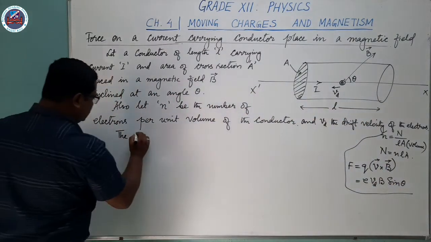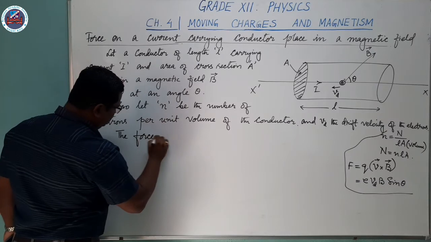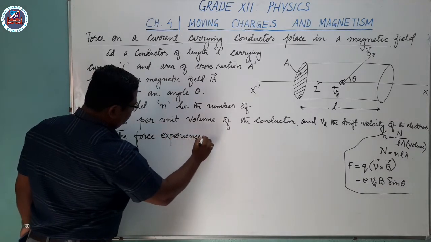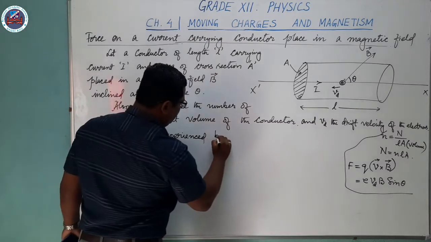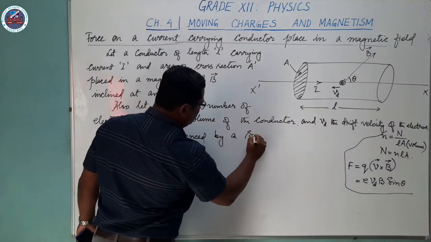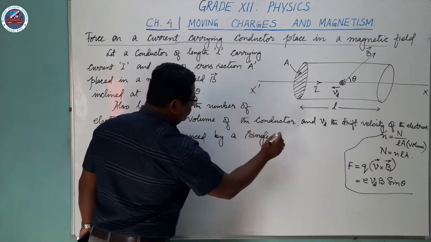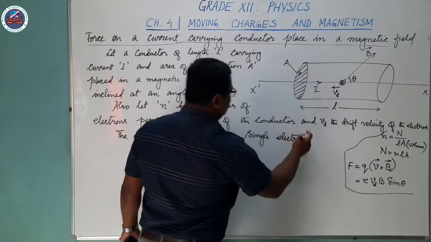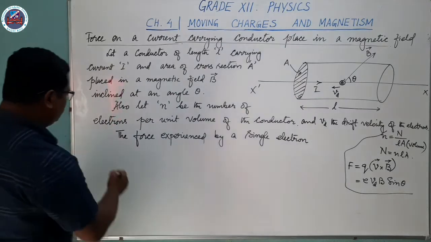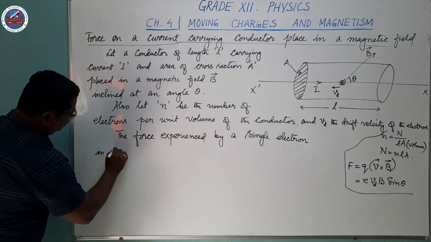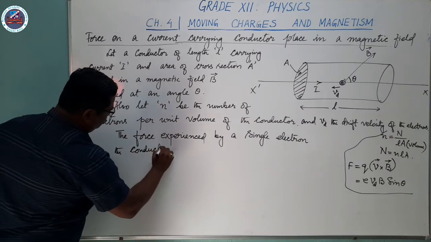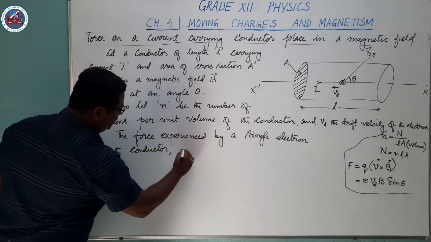Now the force experienced by a single electron in the conductor, let us write it as F dash.